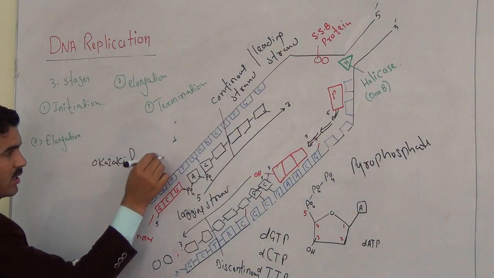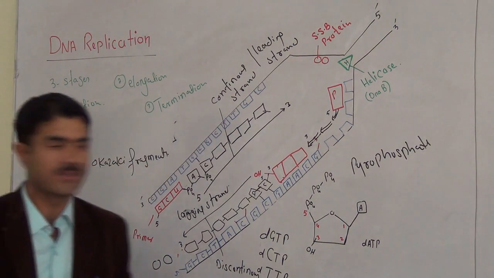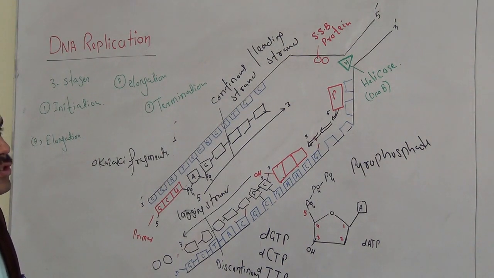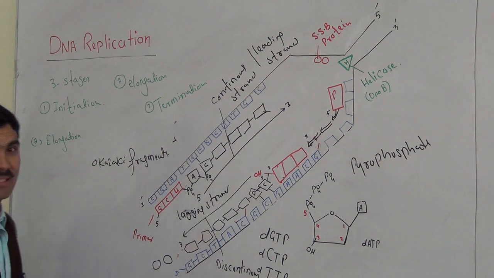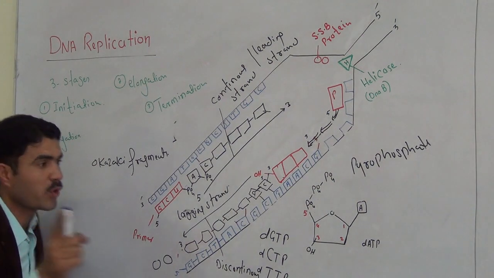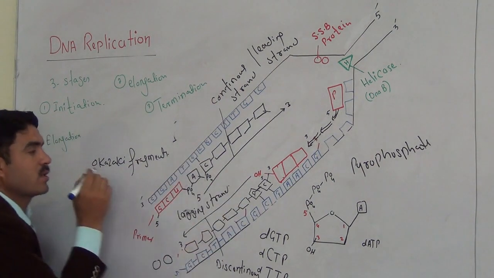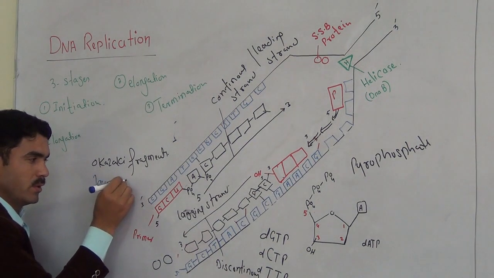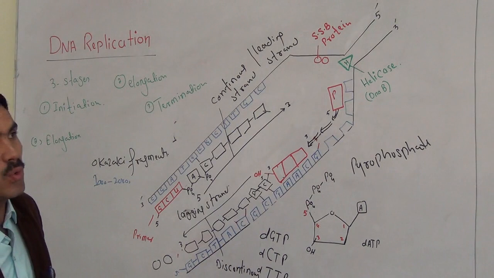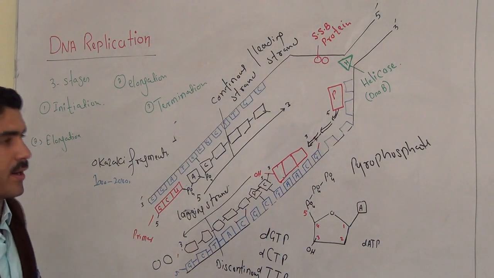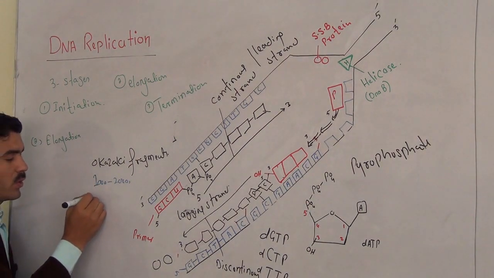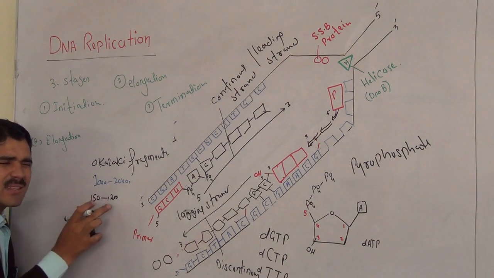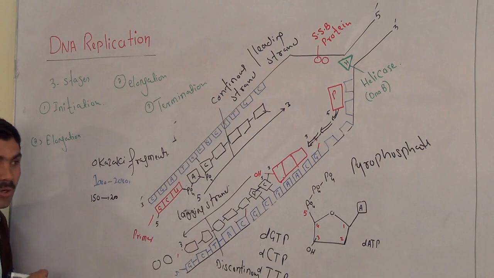The length of the Okazaki fragment is 1000 to 2000 nucleotides in prokaryotes, and in eukaryotes, 150 to 200. This is just the length of the Okazaki fragments.